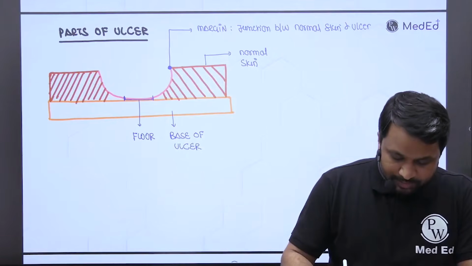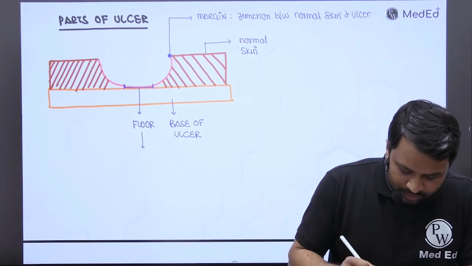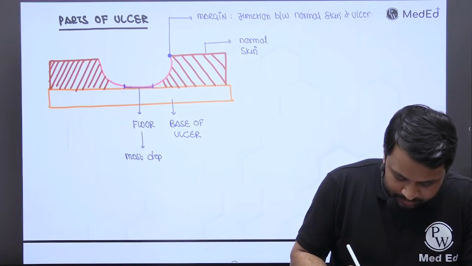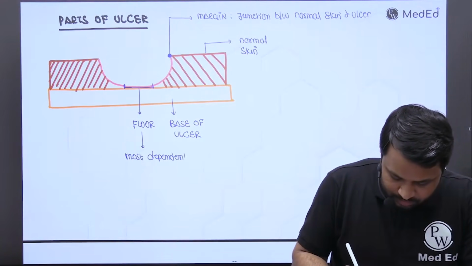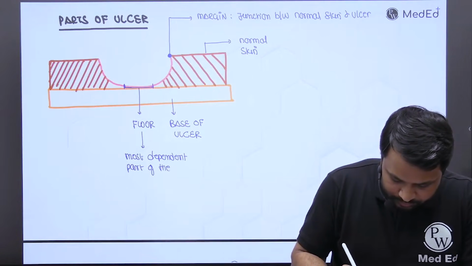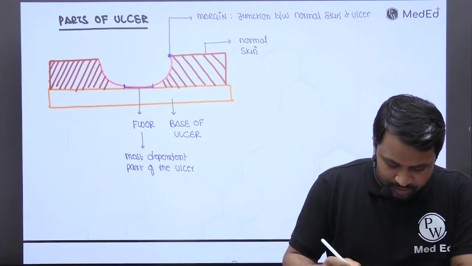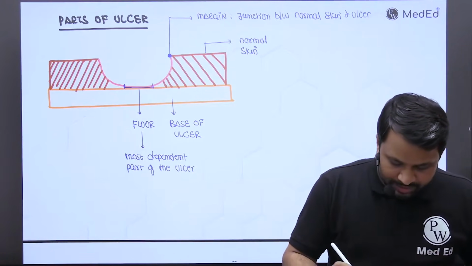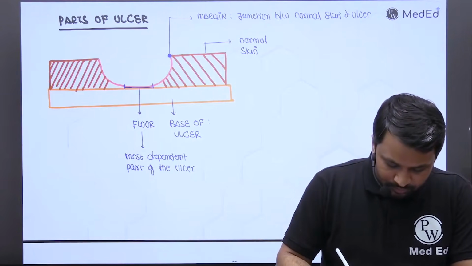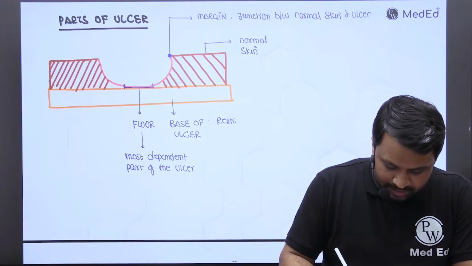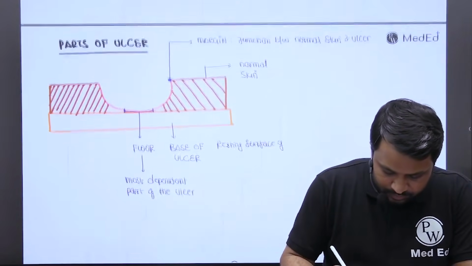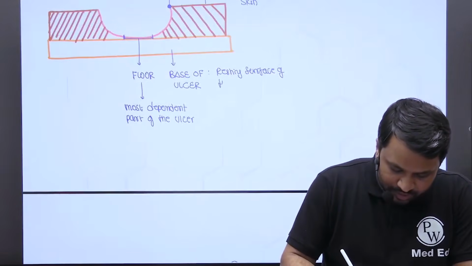Floor is the most dependent part of the ulcer. The base of the ulcer is basically that on which it is going to rest. So it is the resting surface of the ulcer.